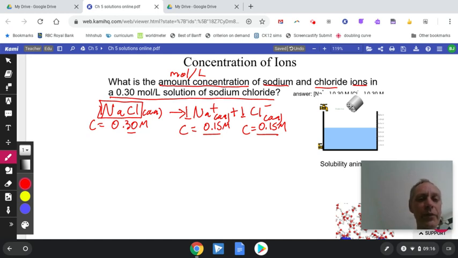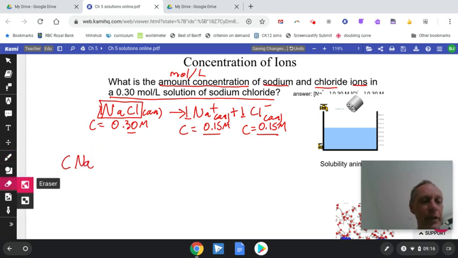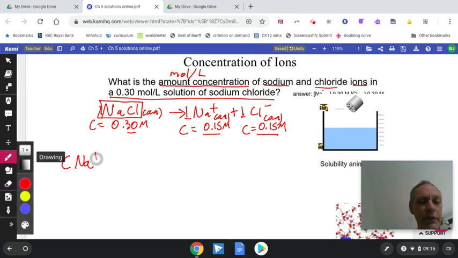So here's how you would solve this. The concentration of Na plus aqueous is, so let's just pause for a second. This is basically a balanced dissociation equation. So it's like a balanced chemical equation. So really what we're doing here is stoichiometry.